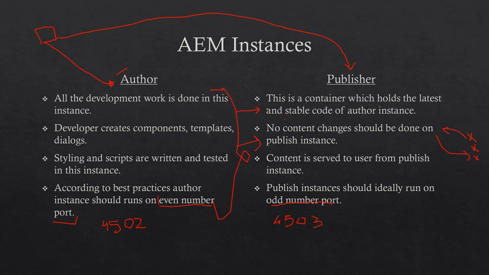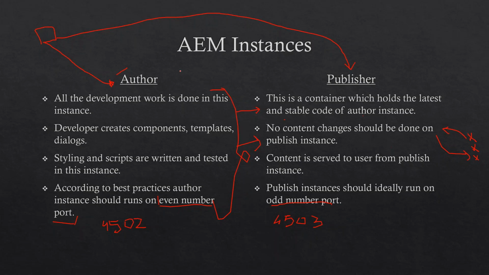You do not do any kind of activity in publisher. Publisher is just a standstill AEM instance which is there to serve the content to the end user. No development, no error resolution. 99% of the time you won't be touching publisher. Our work will remain in the author environment.